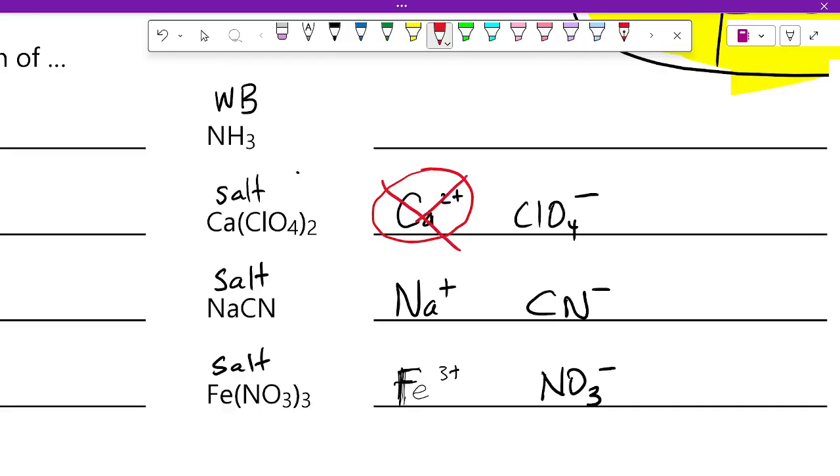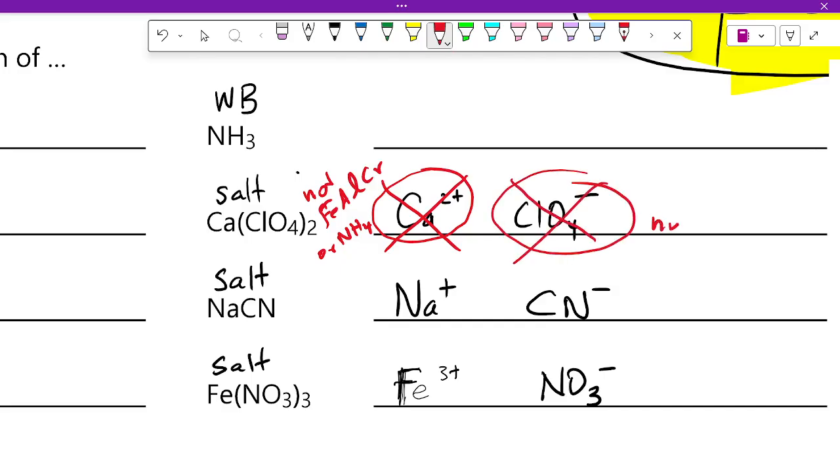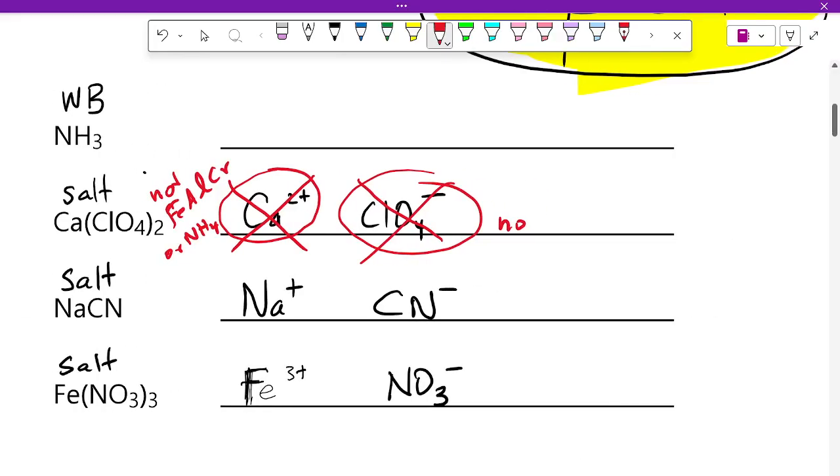No. How do we know? It's not Fe3+ nor NH4+. Does ClO4- hydrolyze? No. So there is no hydrolysis. So the pH will be 7.